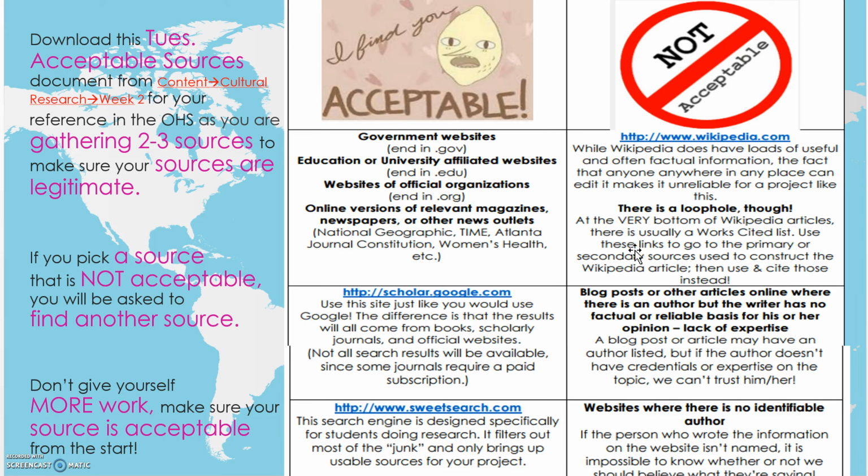You want to make sure that you are citing sources that are legitimate, that aren't heavily biased to one side or the other. You want them to make sure that they are telling the whole story. Now, does it mean that you cannot cite a biased source? No. But when you cite a biased source, you need to be aware that you're doing it.